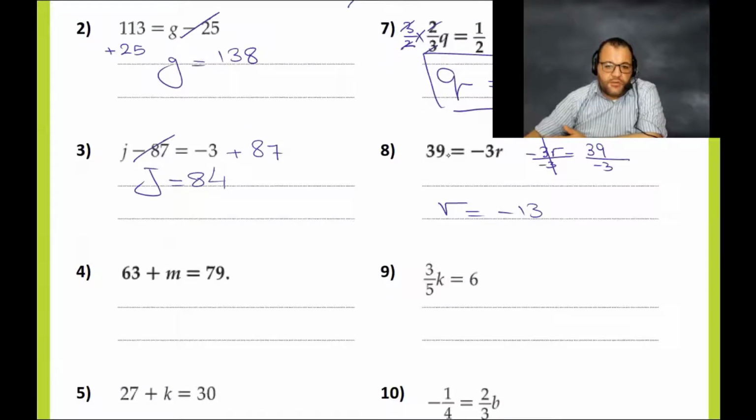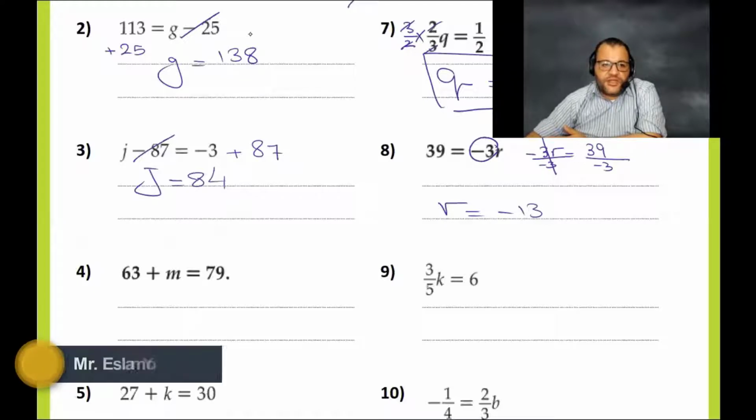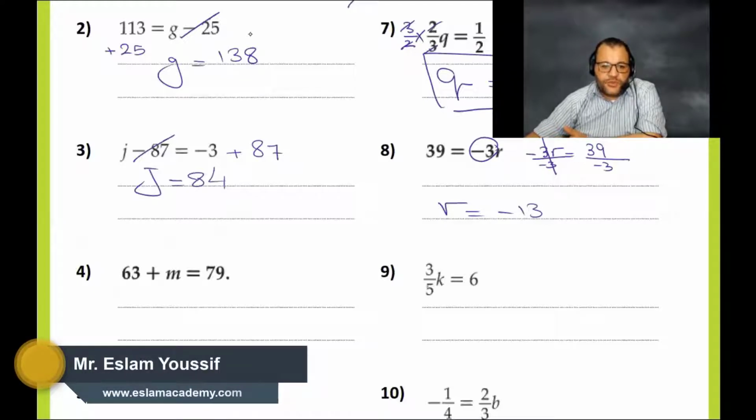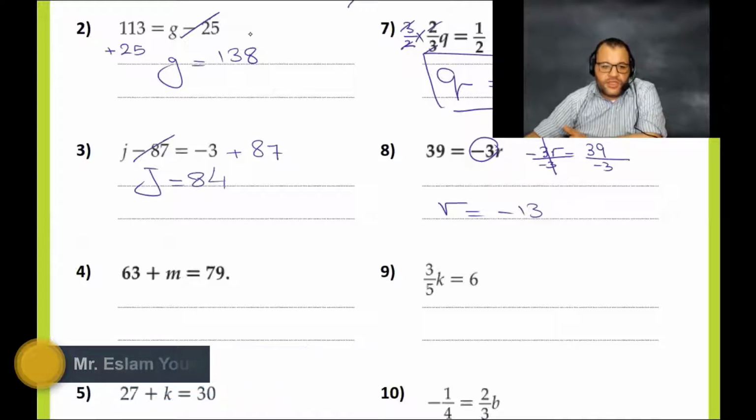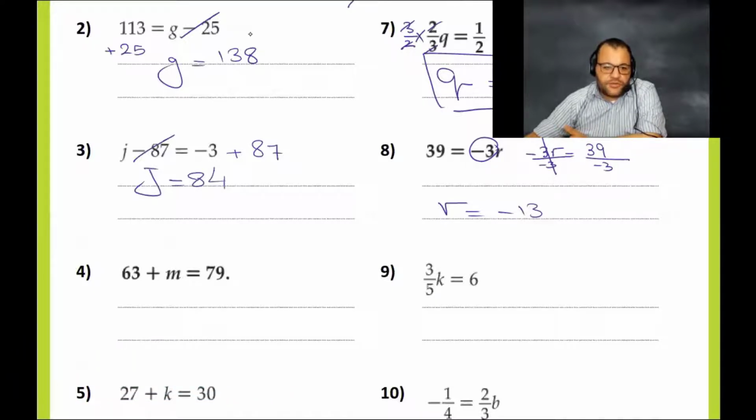With -3, we use the inverse operation. What is the meaning of -3r? -3 times r. So -3 times r means use the inverse operation. What is the inverse operation for multiplication? Division.